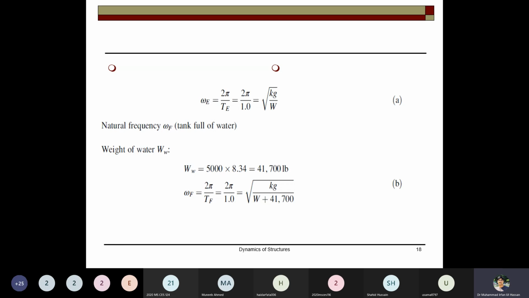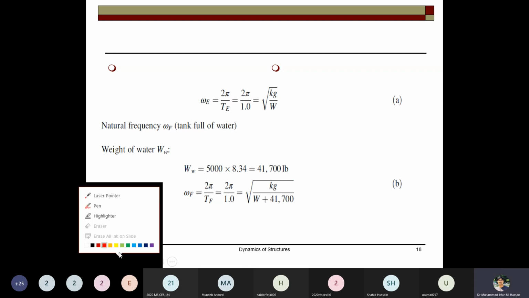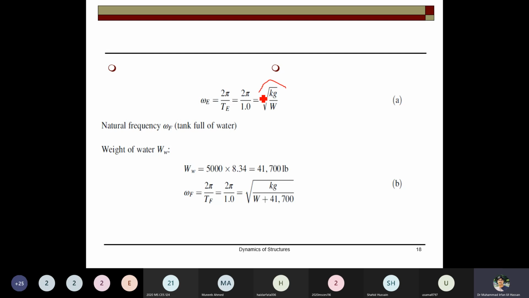Omega is equal to 2 pi over the time period, and you also know that omega is the square root of K over M, where M is equal to W over g. So you can write this equation, and this is the first equation.